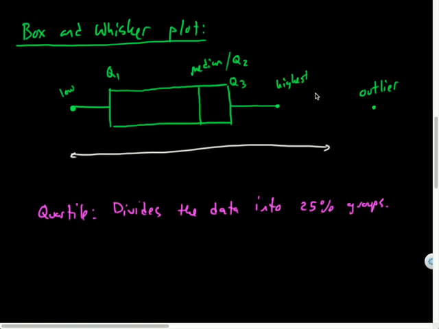What this means is this is a visual representation of where my data is, and in each of these areas there's 25% of my data, there's 25% here, there's 25% here, and there's 25% here, ignoring the existence of outliers.